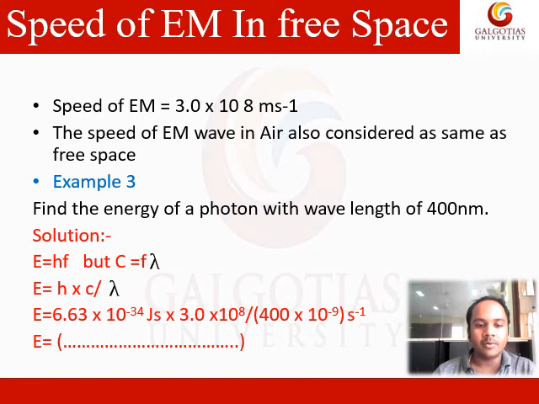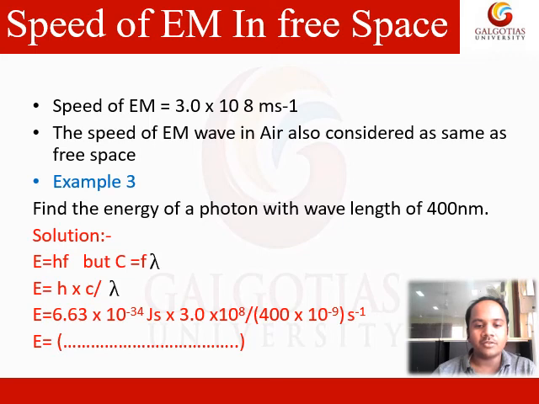If we incorporate C in place of f, you can derive f from the formula C is equal to f lambda. So it becomes E is equal to h into C by lambda. Here E is equal to, as Planck's constant says, 6.63 into 10 to the power of minus 34 joule seconds into 3.0 as per the velocity of light.